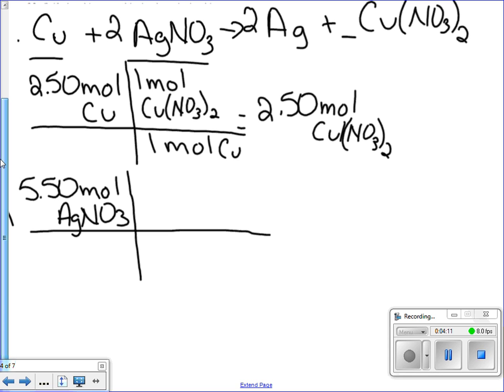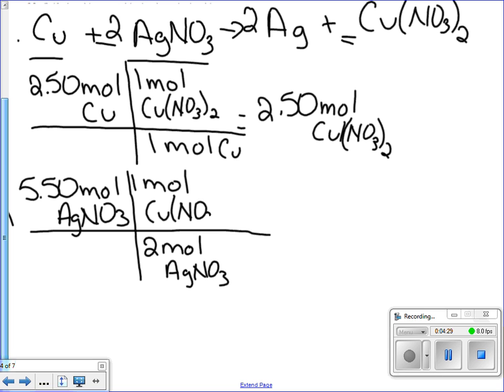So looking at my balanced reaction, I have 2 moles of AgNO3 and I only have 1 mole of Cu(NO3)2. So put that in your calculator. You get 2.75 moles of Cu(NO3)2.